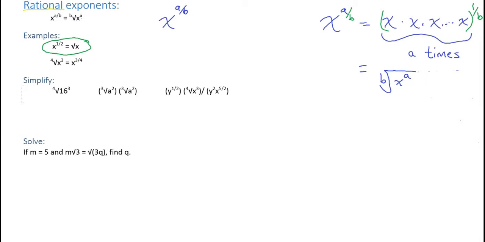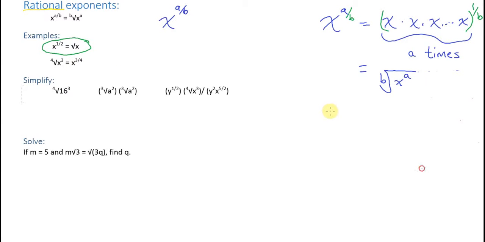When we're dealing with these rational exponents, if we choose to write it as a square root or a bth root or a third root or a fourth root, we're writing it as a radical. So whenever we start adding these square roots in, we're calling it radicals. But all of the rules we have are the same as they would be for our regular exponents.